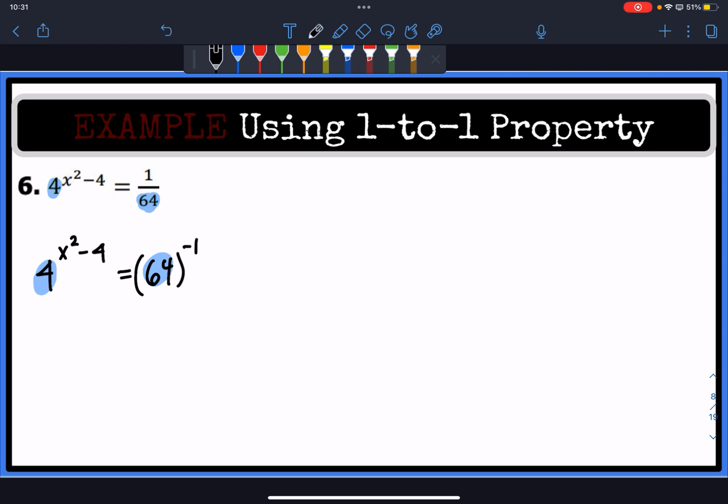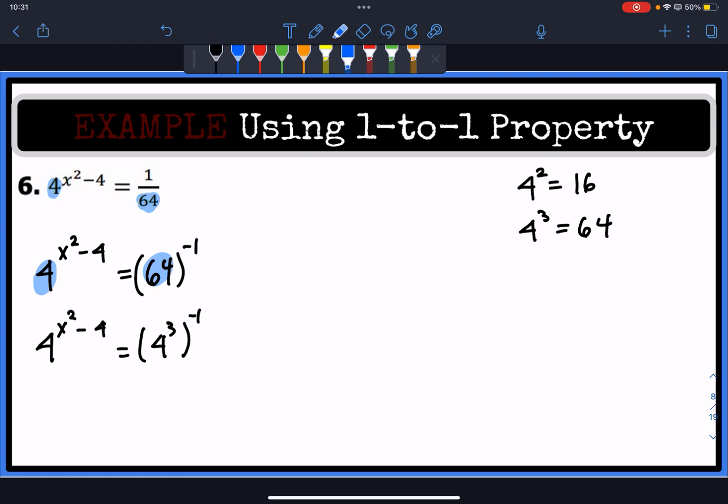But again, if I'm familiar with my multiplicities of 4 and my multiplication table, 4 to the second power is 16, but 4 to the third power is 64. So if I use this substitution and write 64 as a base 4 to the third, then that satisfies the condition of the 1-to-1 property. So 4 to the third raised to the negative 1. Okay, so I'm simply replacing this with that.